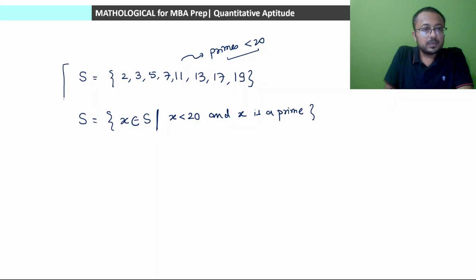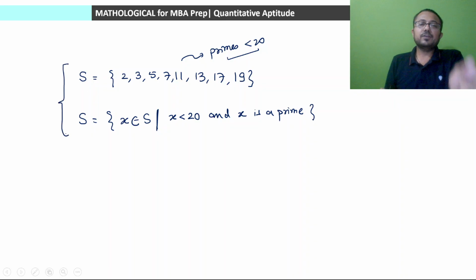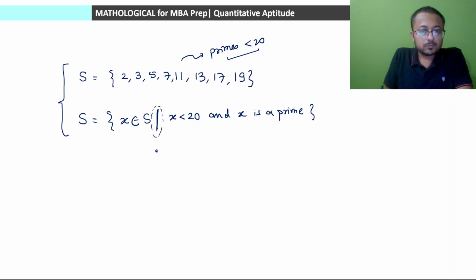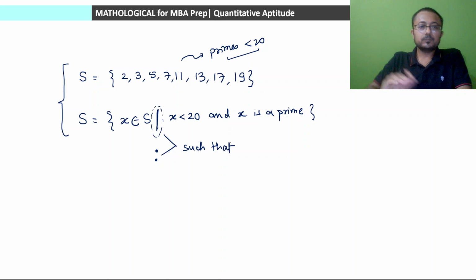Both represent one and the same thing. In the first one we are writing all the elements, in the second one we are writing S is a set such that x is an element of S such that x is less than 20 and x is a prime. Now instead of this sign we can also represent it with this. Okay, but both of these mean such that. Okay, clear?